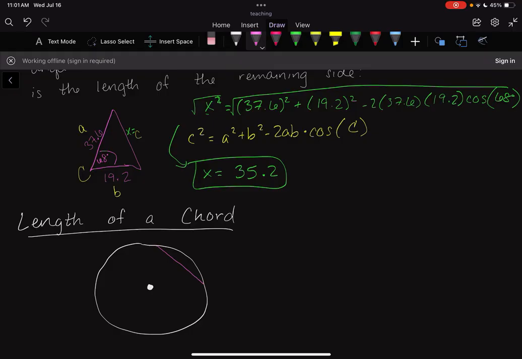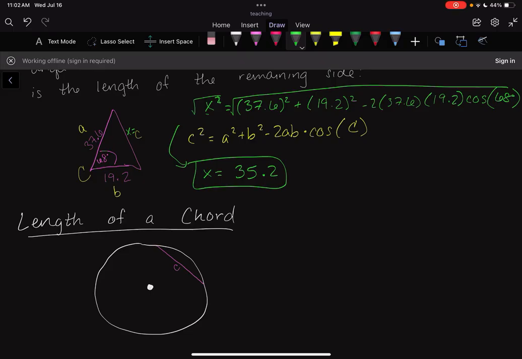And I'm going to go ahead and call that chord C. So technically, a diameter is a type of chord. It's just one line going through to the other, touching another part of the circle. If it goes through the center, it just happens to be called a diameter.